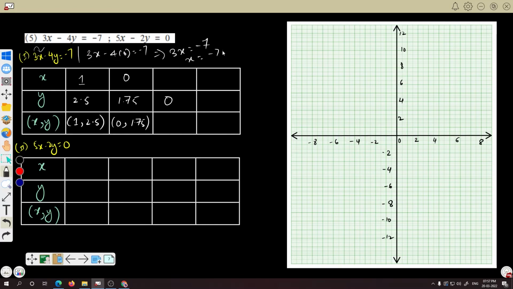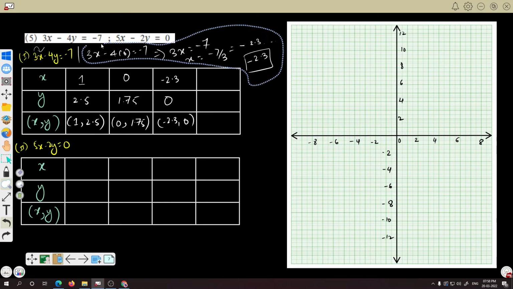So x will be minus 7 divided by 3. If I divide 7 by 3, this will be something like 2.3 and something. So I'll round off this to minus 2.3. Fine. So x will be minus 2.3. Coordinates are minus 2.3 comma 0. I hope this is clear to you. Interesting sum.